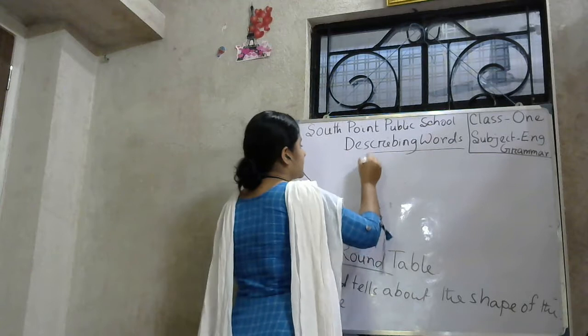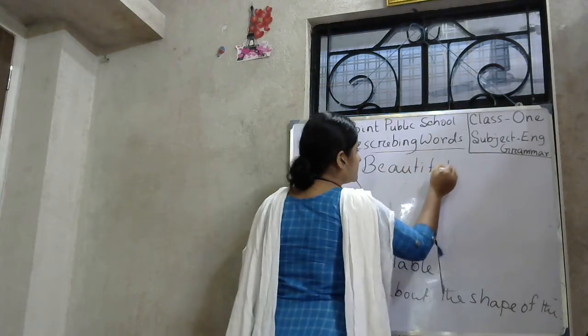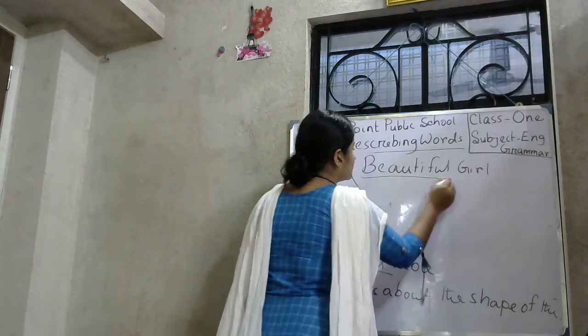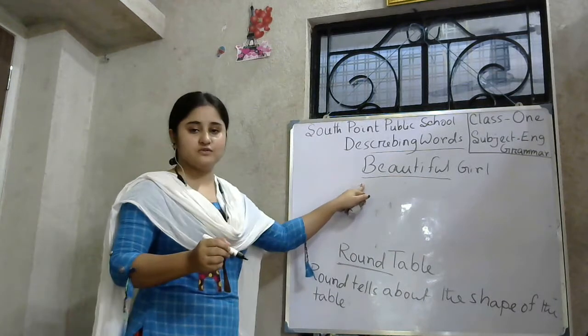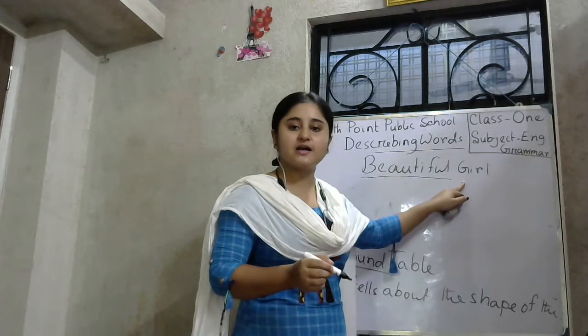Next, beautiful girl. The next example was beautiful girl. What is the look of the girl? Beautiful. So here the word beautiful tells more about the girl because the girl is beautiful.